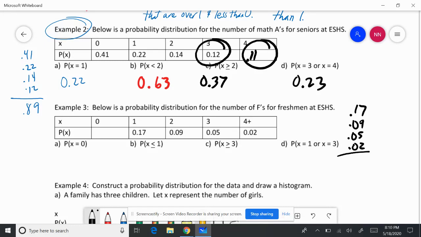When we add it up, what we're getting is 0.33. So if that's 0.33, we're going to subtract it from 1, and that gives us 0.67.